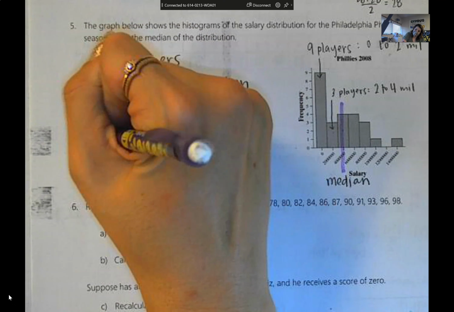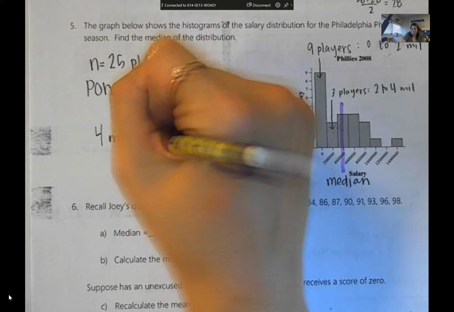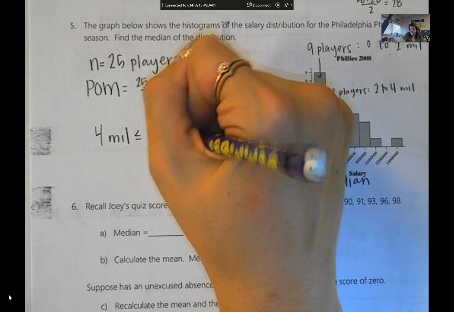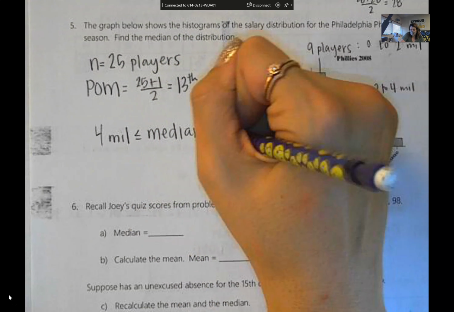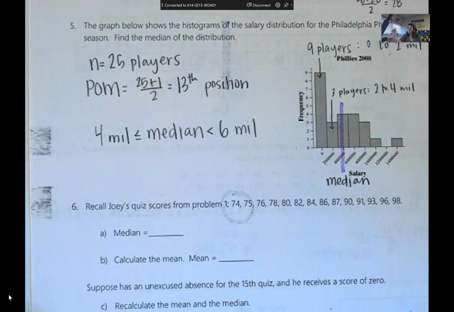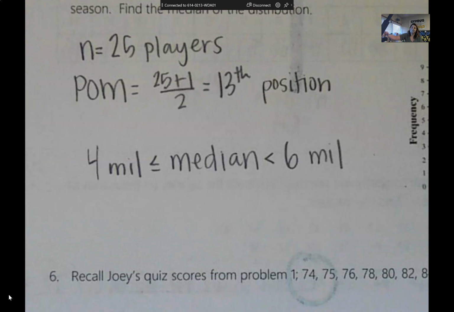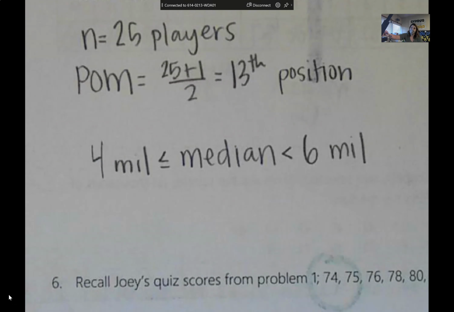So I'm going to write 4 million less than or equal to median less than 6 million. Or you can write the median is between 4 and 6 million. This is more accurate though.